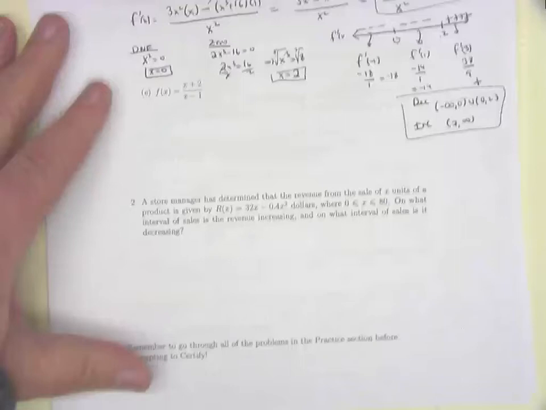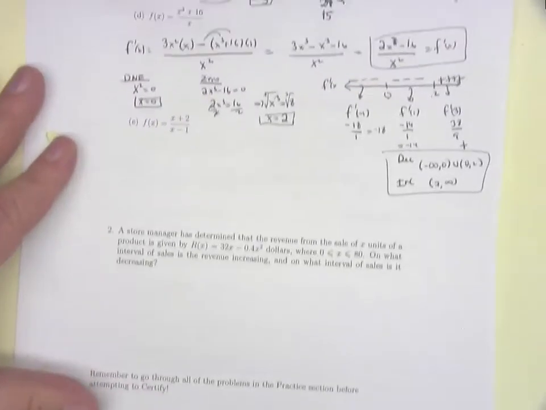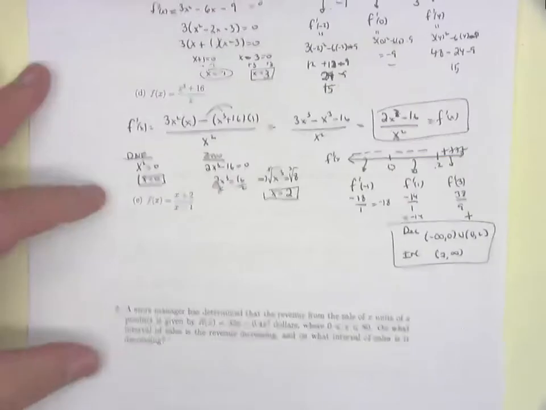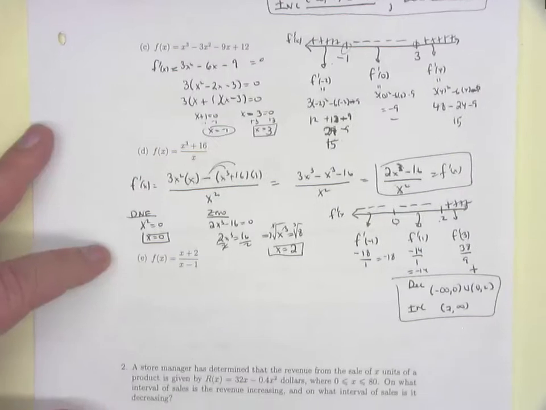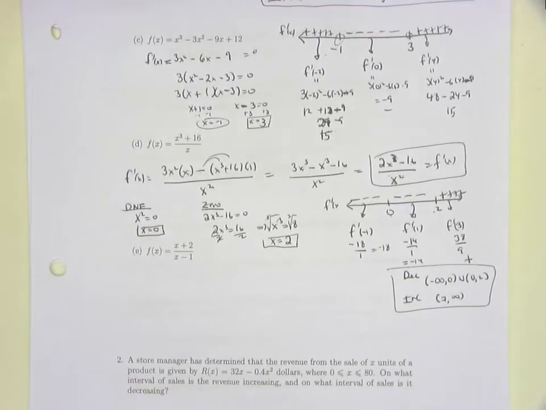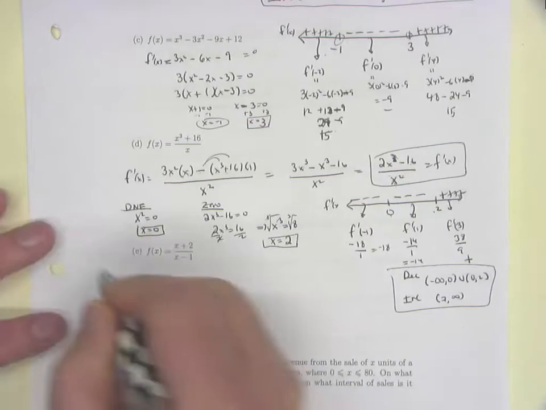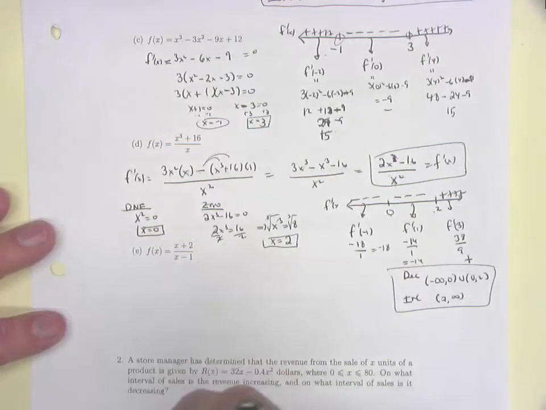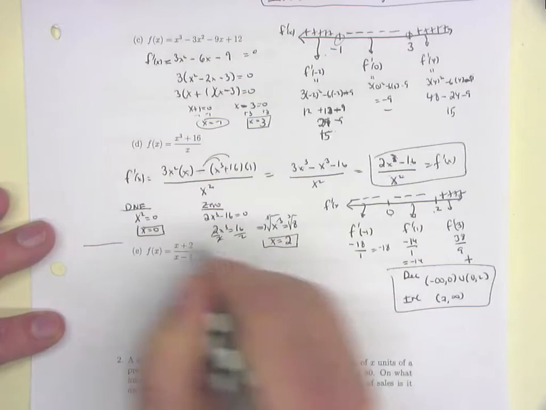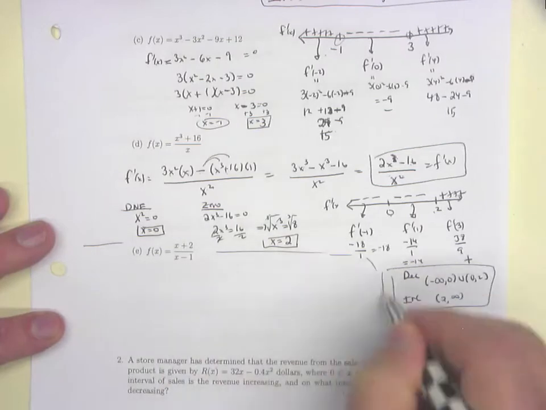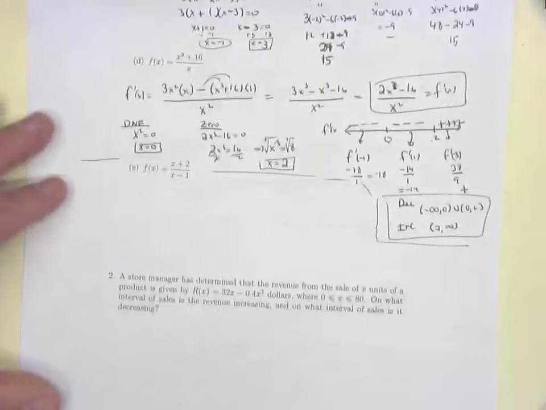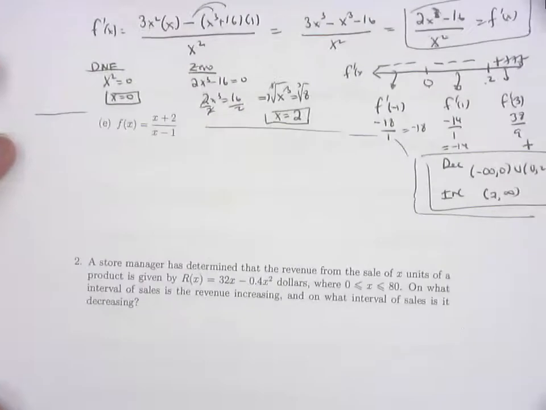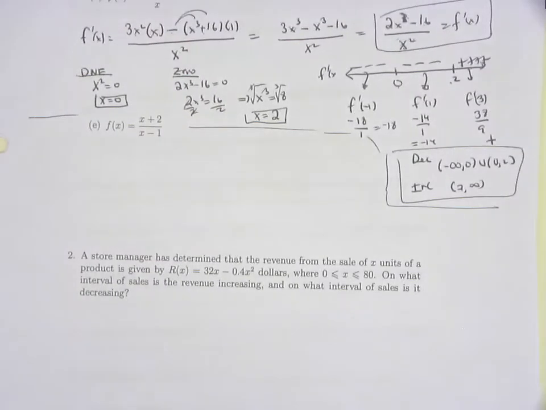And last time we had a couple more problems to do on basically finding the intervals of increase and decrease. So I wanted to do these last 2 problems before we move on to the next section. So let me just put a little line here so we don't get confused on that last problem we did. And again, just to remind you guys, you were supposed to find the intervals of increase and decrease over this guy.